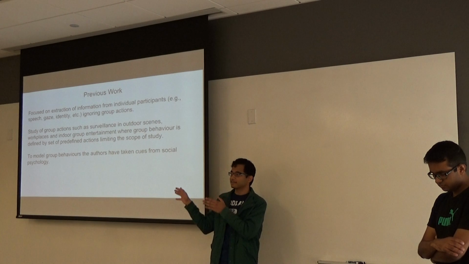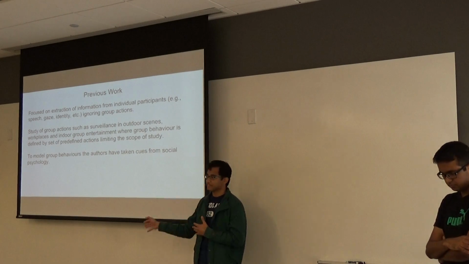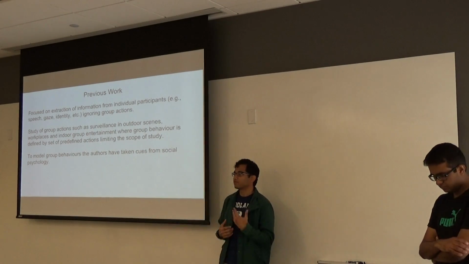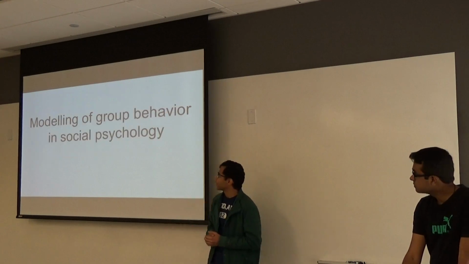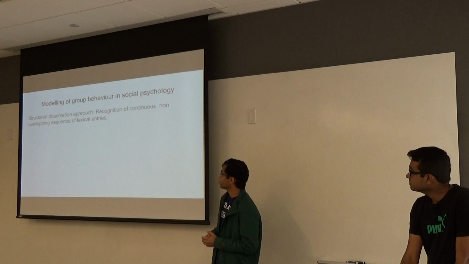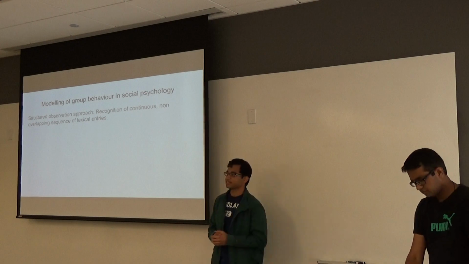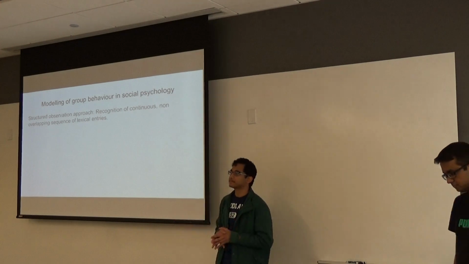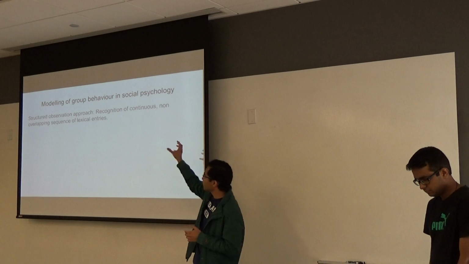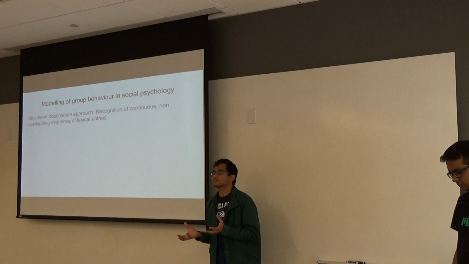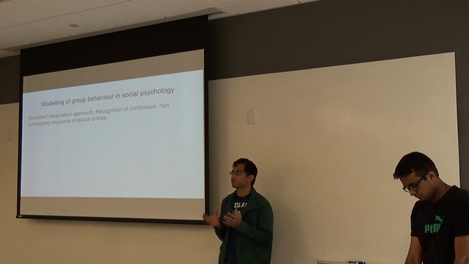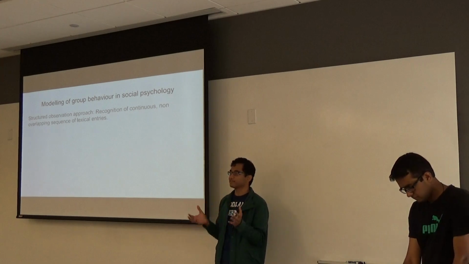So the researchers then looked towards social psychology to come up with their hypothesis, which matches their hypothesis. And in social psychology, we get to see that you have a structured observation approach. So you're trying to come up with something like a basis set in linear algebra.